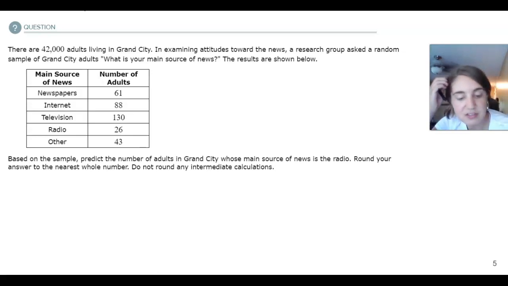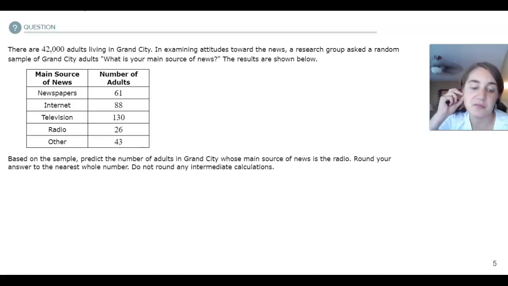There are 42,000 adults living in Grand Rapids. They wanted to know their attitudes towards the news, what their main source of news is. Based on it, it wants to know how many use the radio as their news source.